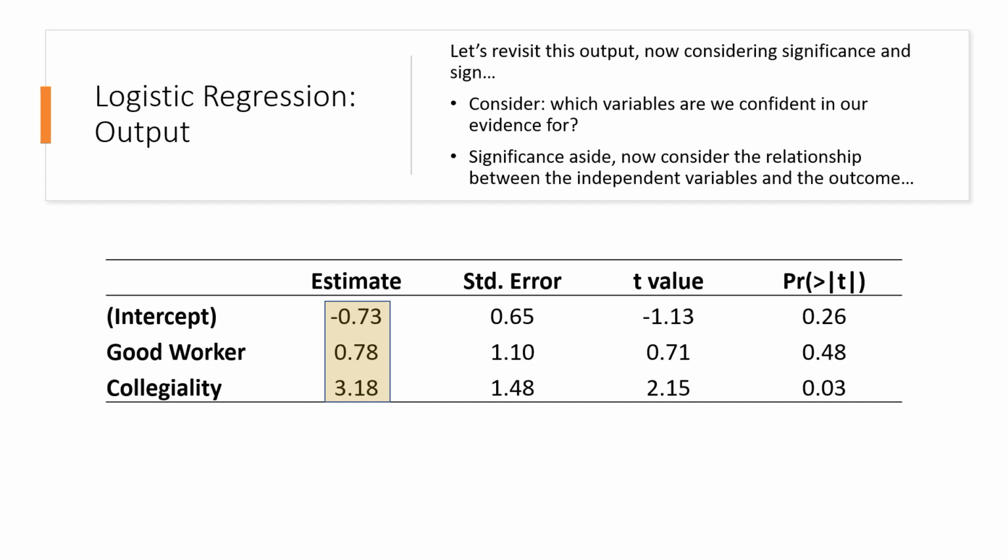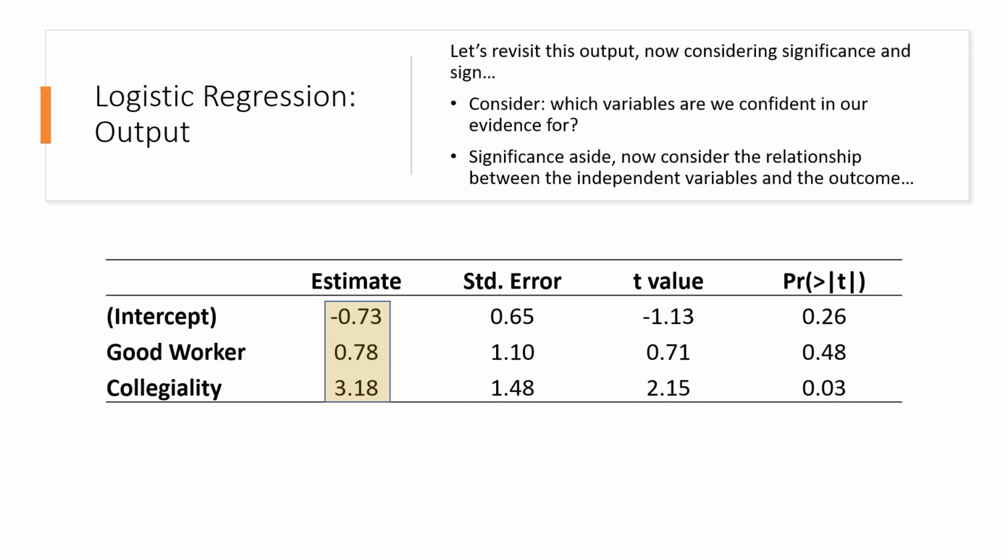That is, I go from 0, not good worker, to 1, good worker. How much is that? Well, we haven't really talked about magnitude yet. Again, that's a difficulty. So the quantity, that's something we can't really interpret yet, but I can say, again, significance aside, that being a good worker in comparison to not a good worker, higher probability of turning in things on time.